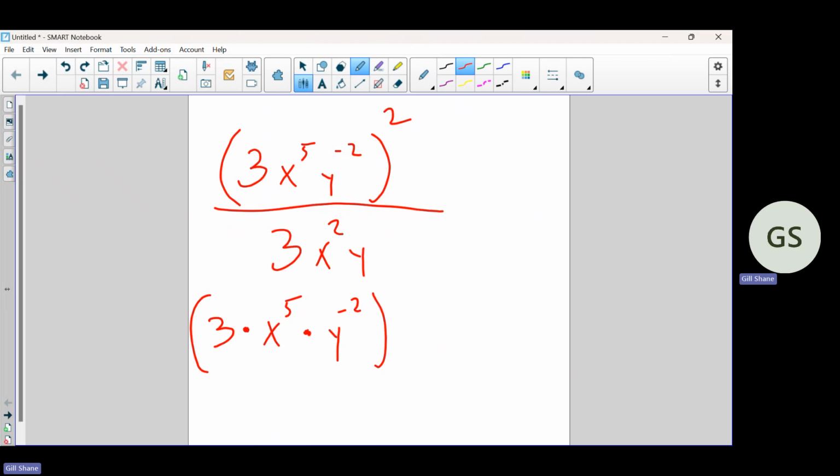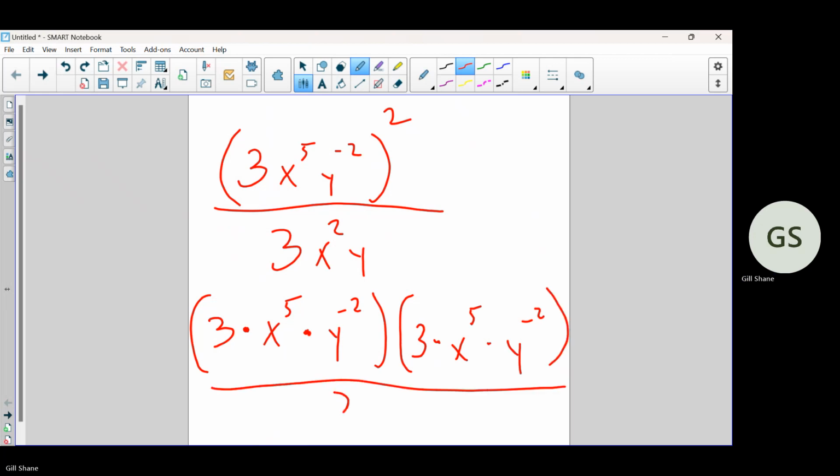But remember, they're individual numbers. I'm taking care of the squared now too. So that's times, and then again, same thing, 3 times x to the 5th times y to the negative 2. And then all of that would be over 3x squared y.